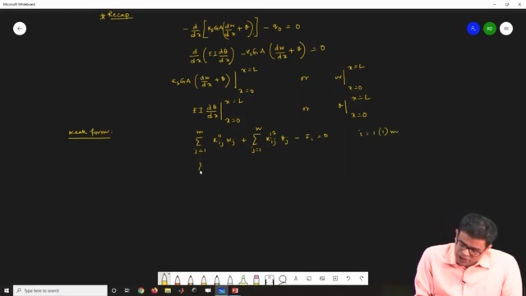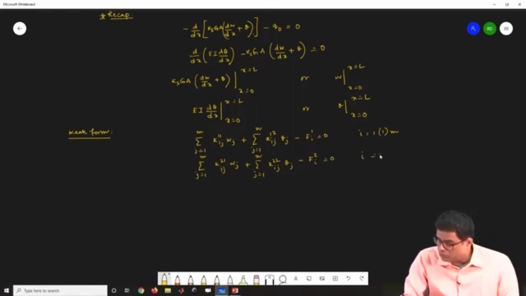Another equation I get is summation of j equals 1 to m k21 ij wj plus summation of j equals 1 to n k22 ij theta j minus f2 i equals 0.